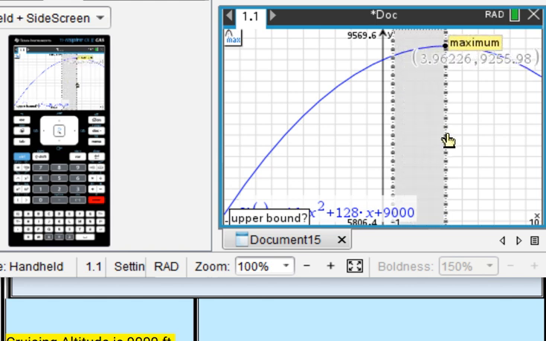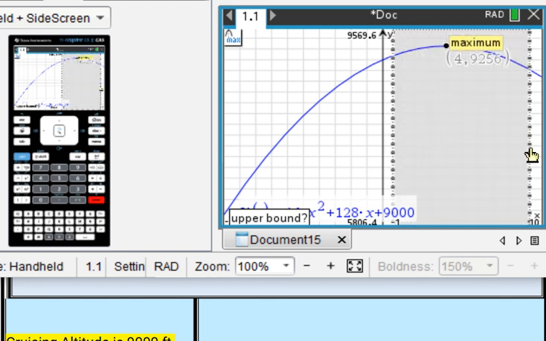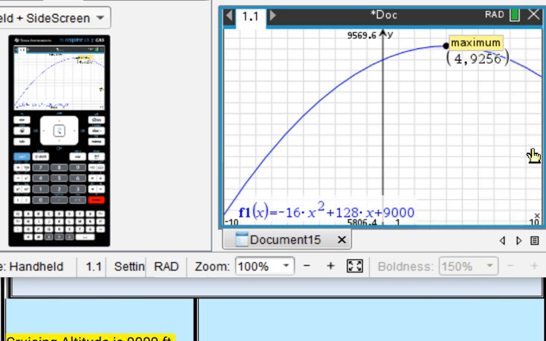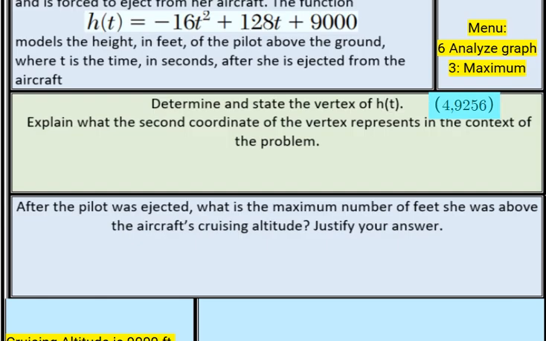Now I drag past the highest point on the graph, and I press enter a second time, and that tells me my maximum, the vertex in this case, is 4, 9256.